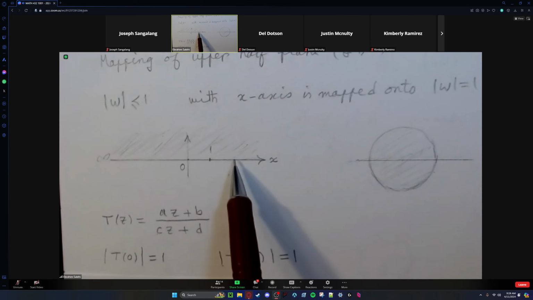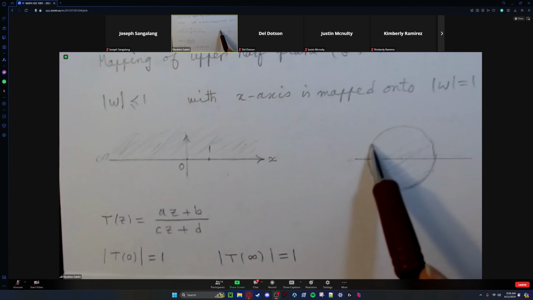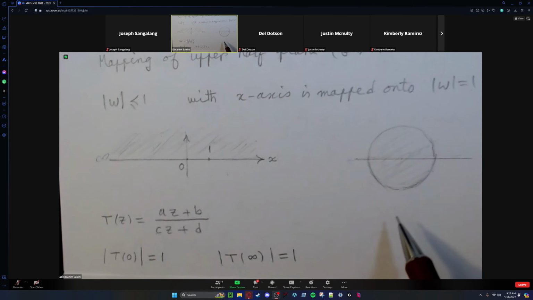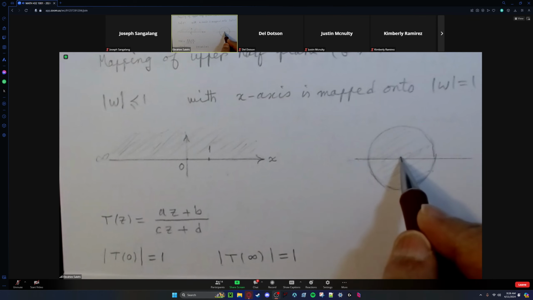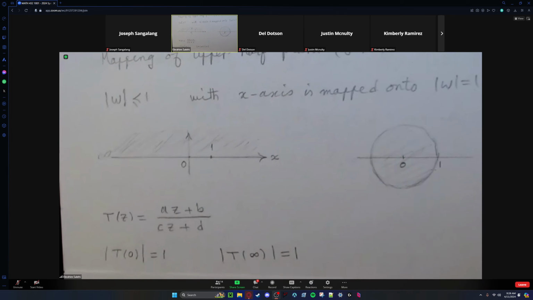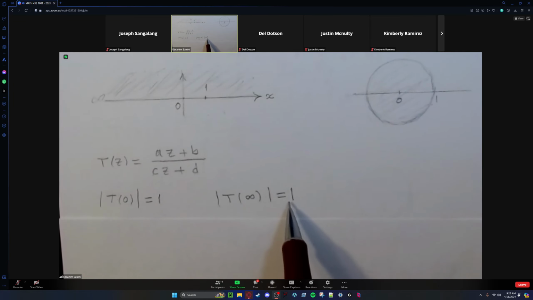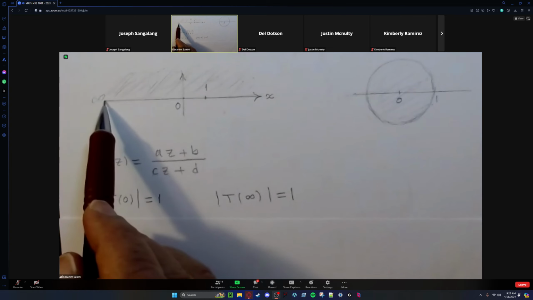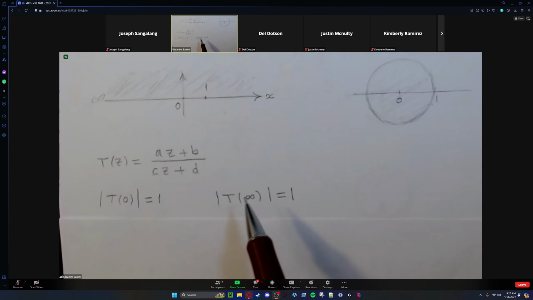So every point of the x-axis should be mapped into the circle, which means its modulus is 1. So here is 0, 1. So T of 0 is 1. T of infinity also is 1. Infinity, I mean as x approaches infinity or z approaches infinity.